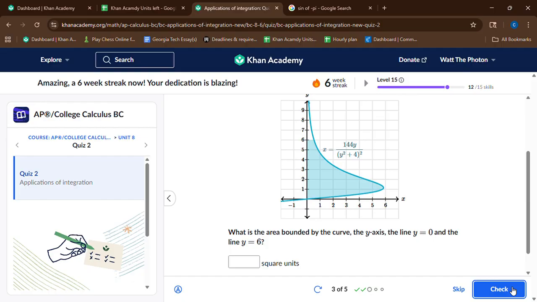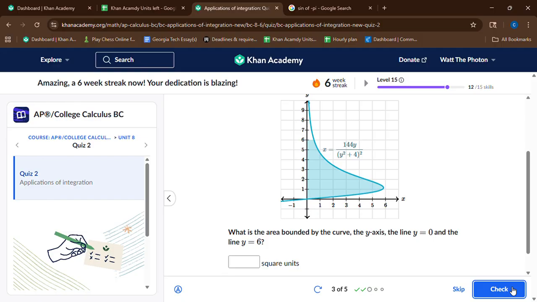Oh, you're supposed to integrate it. Use u-substitution. So u equals y squared plus 4, and du is equal to 2y dy.